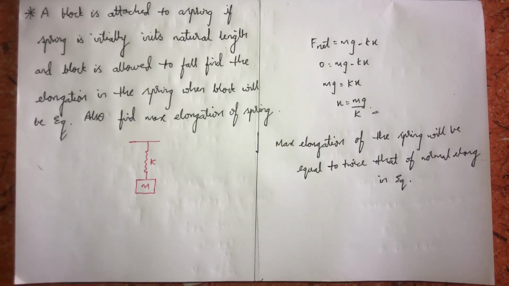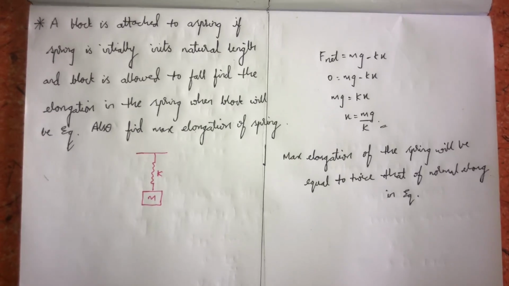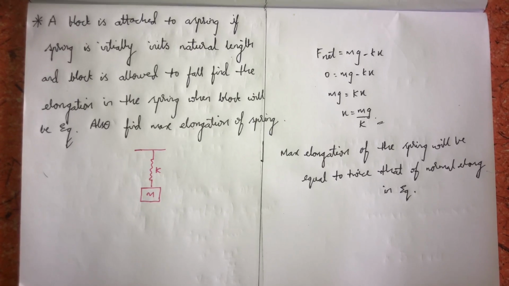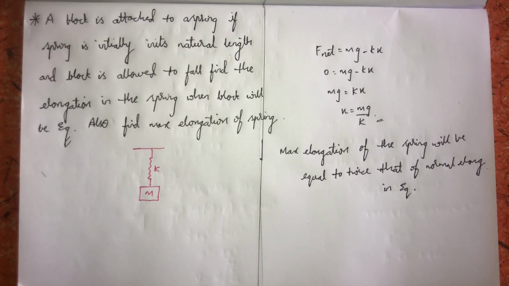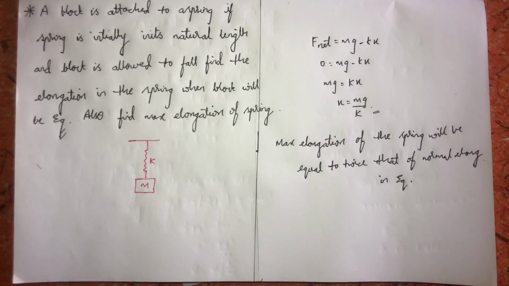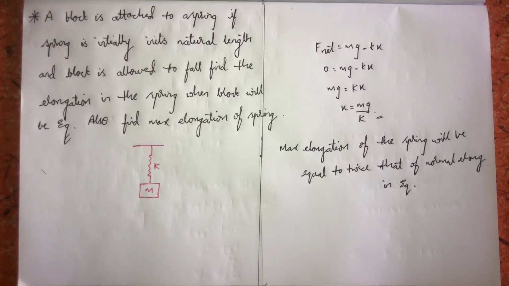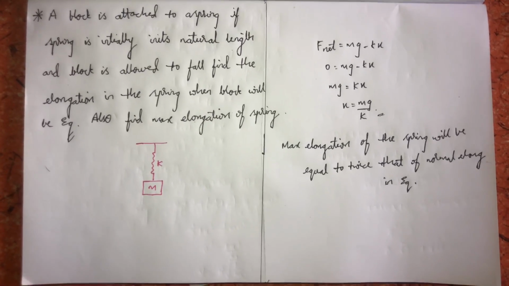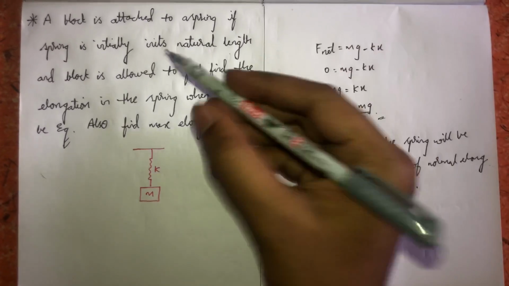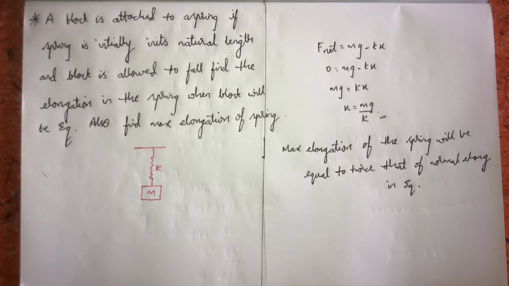That's clear. We need to remember that maximum elongation of the spring will be equal to twice that of normal elongation in equilibrium. This condition will be applicable when the system is in equilibrium position.